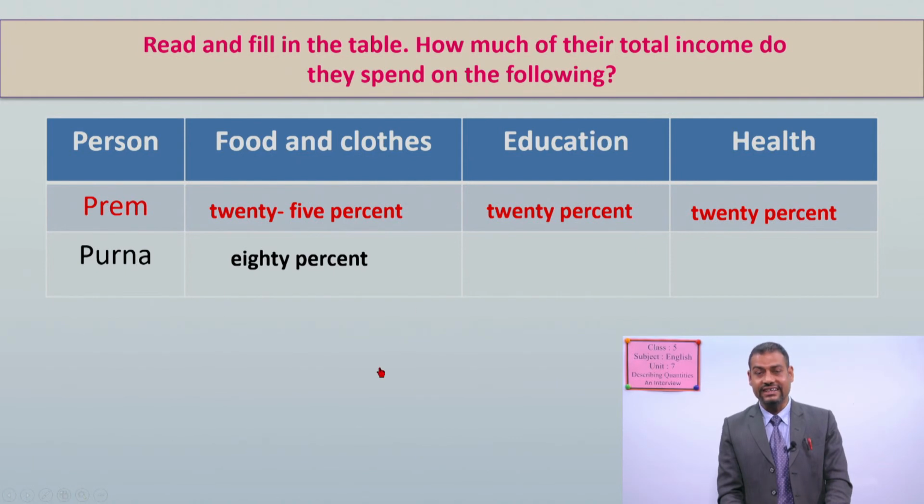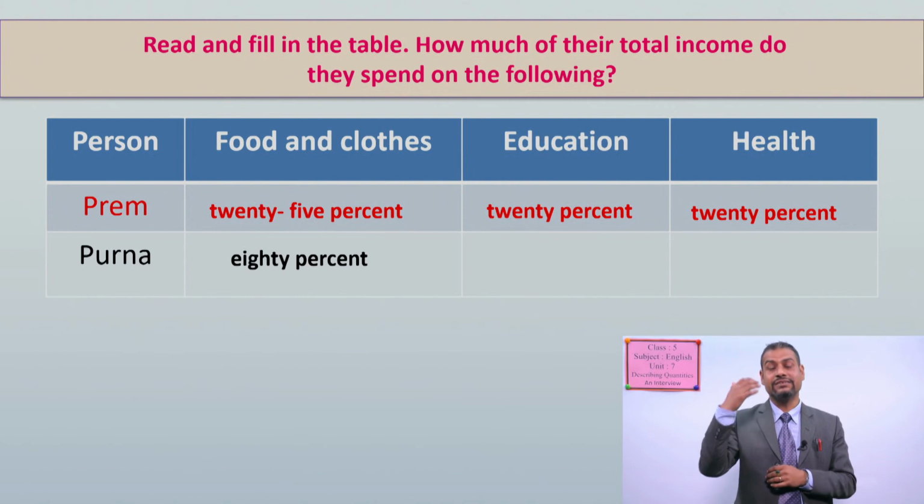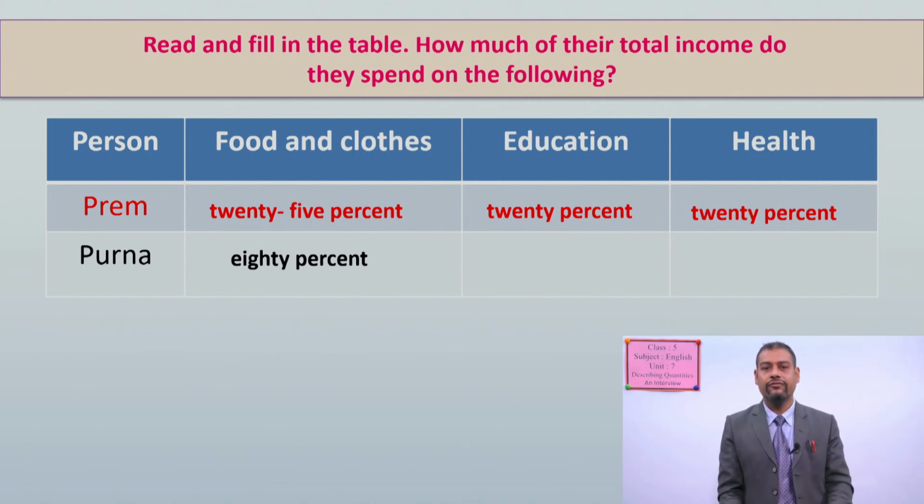He says that he has 6 children. That's why he has to spend so much of his income on food and clothes. That is 80%. So if you have made a mistake, please correct it. And if you have done correctly, very good.